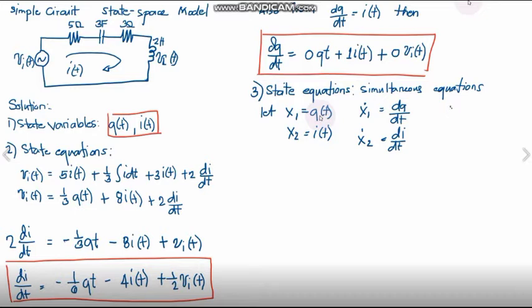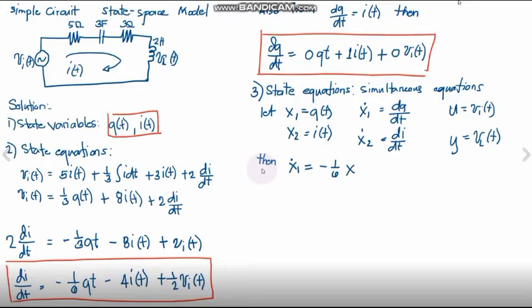Since the derivative of q(t) is dq/dt, by symbol, let's assign the derivative of x sub 1 as x1 dot, and the derivative of x sub 2 as x2 dot. And let us use the notation u as our input variable v_i(t), and the symbol y as our output variable v_L(t).